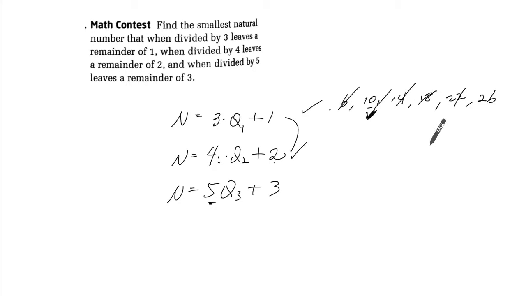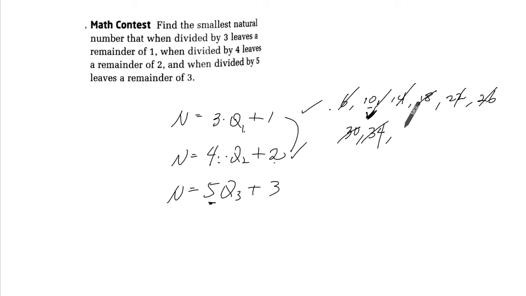So 26 doesn't work. Next one is 30, a multiple of 3. All right, 34. It works with this, and if you divide by 5, you get a remainder of 4 instead of 3. It doesn't work.